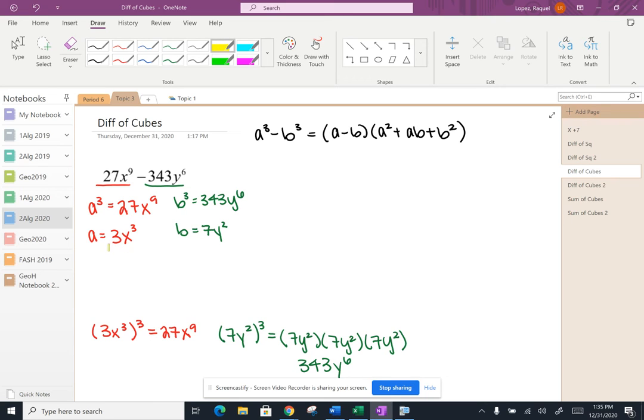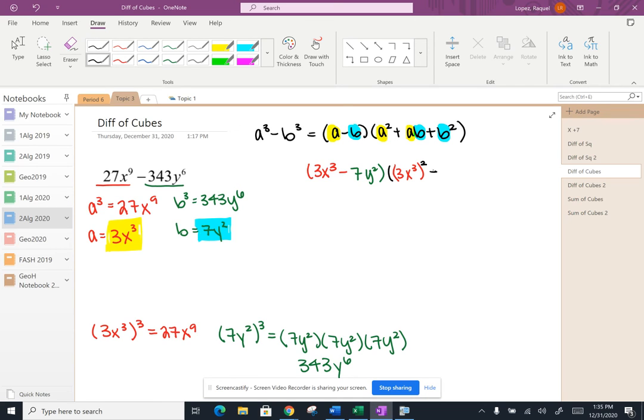So the next thing I'm going to do is substitute 3x to the third wherever I see an a, and substitute 7y squared wherever I see a b. So what that's going to look like is 3x cubed minus 7y squared, and then I'm going to open up another set of parentheses. I've got 3x cubed, but I need to bring down that squared right here.